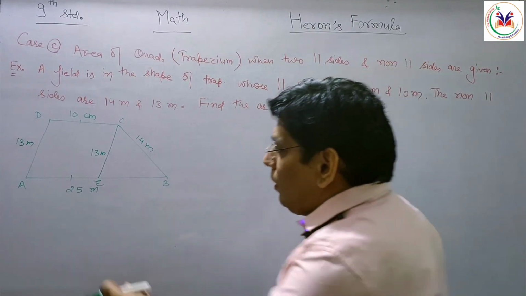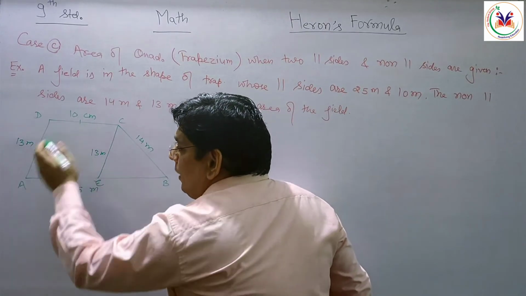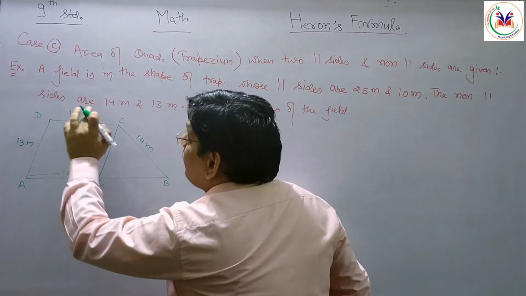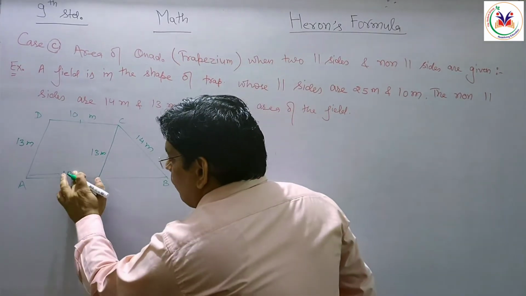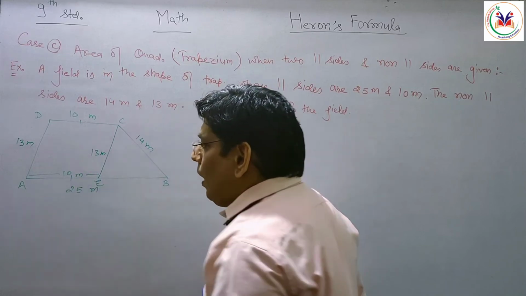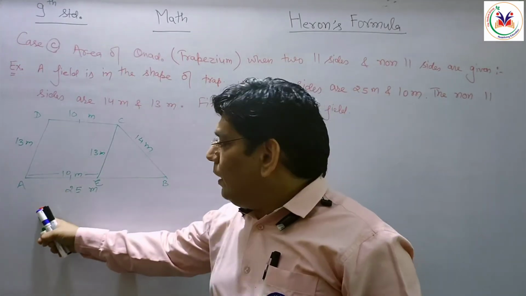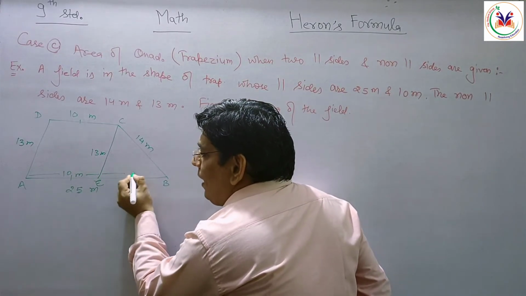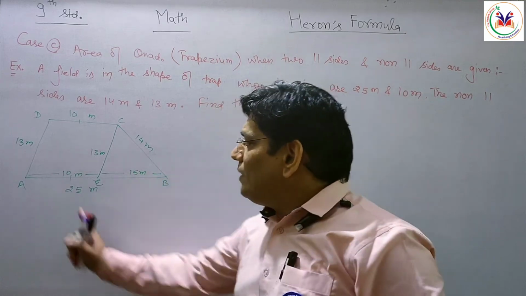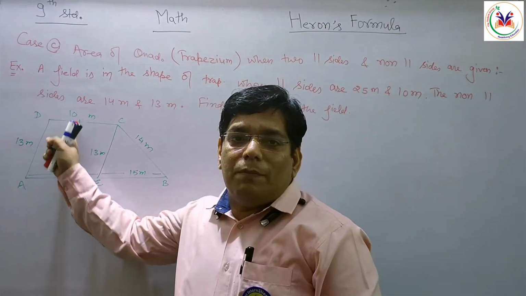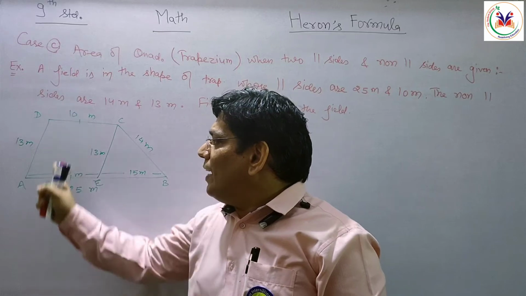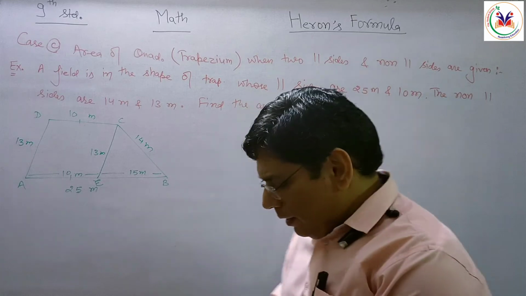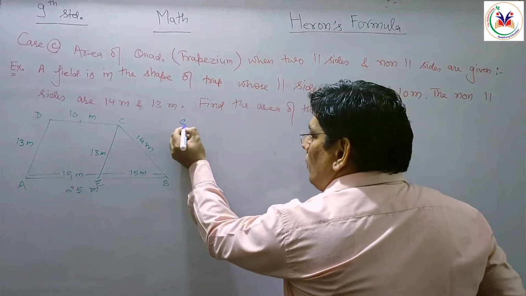Obviously equal. So if this is 13 and this is also 13, तो ये 10 है तो ये भी 10 meter होगा. Now when AB is totally 25 meter as the given information is there, तो उसमें से 10 चला गया तो that will be 15 meter. और ये 10 क्यों है? Because the opposite sides of the parallelogram must be equal. So ये 10 है तो ये भी 10 होगा. अब ये total 25 है तो it should be 15 meter. Am I right?